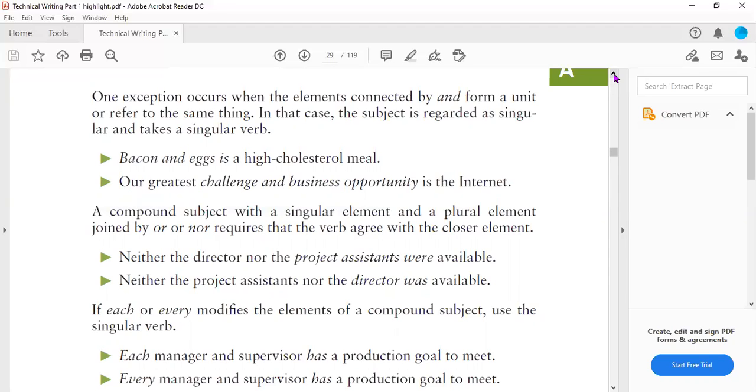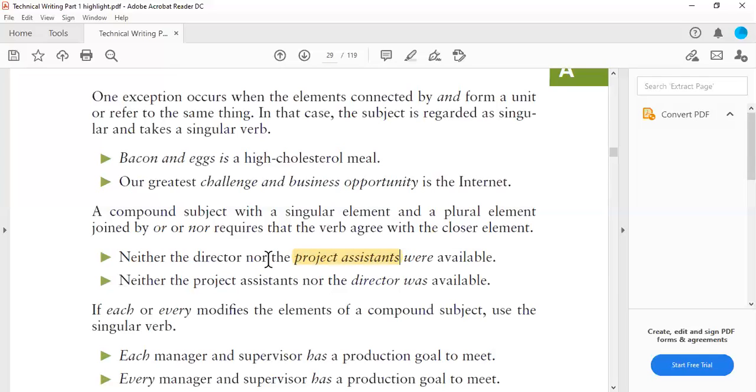A compound subject with a singular element and plural element joined by or, nor requires that the verb agree with the closer element. So look at this example. Neither the director nor the project assistants were available. Now, why do we use were here? Because project assistants, what comes after nor, is plural, okay?